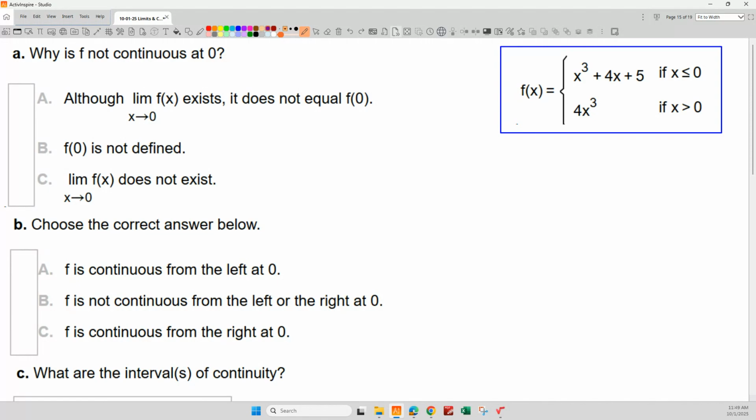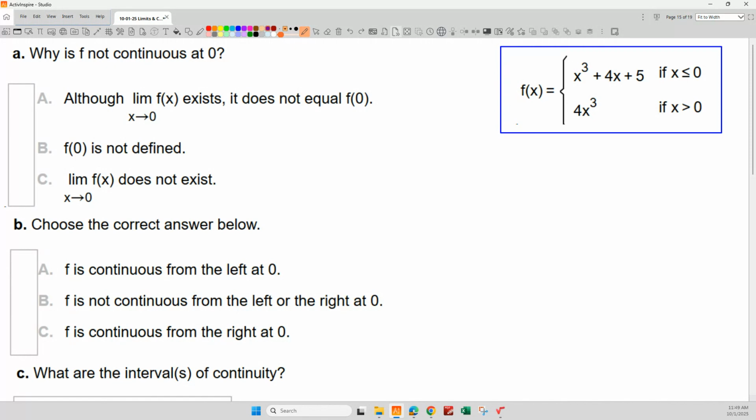So which one is it? What's going to be the answer? That's the only thing that could happen, because for values of x less than 0, it's determined by that polynomial. I'm going to plug in values of x into that polynomial. For values greater than 0, I've got this polynomial. The only place it might not work is at 0.